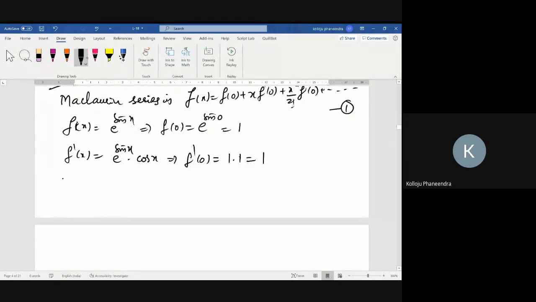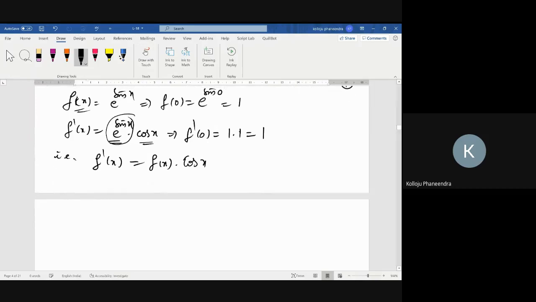Next one, f double dash x, by the UV method. Otherwise, one simple way, I will write like this. Let me write one more step. That is f dash x equals, what is e power sin x? Nothing but f of x. So I will write f of x into cosine x.